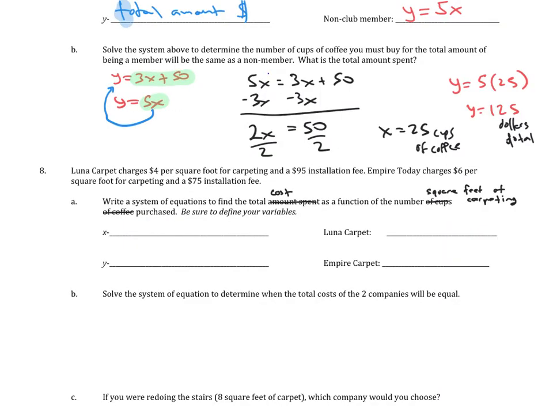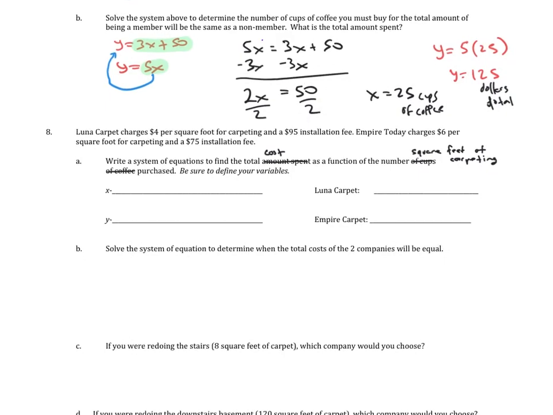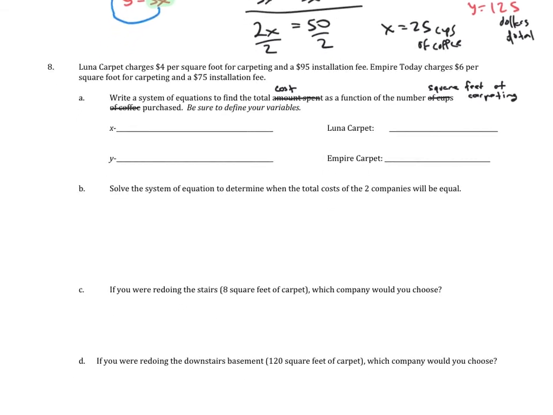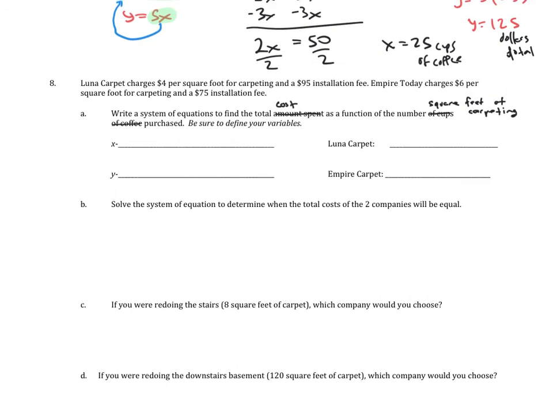All right, for number 8, we've got the problem about Luna Carpet here. I'm sure you are thinking of the phone number and the commercials. So notice there's a little typo in part A, it got copied from the previous one. So it's write the system of equations to find the total cost as a function of the number of square feet of carpeting purchased.